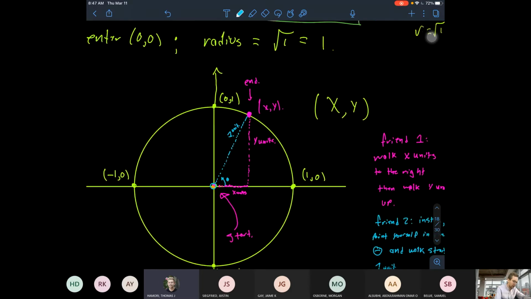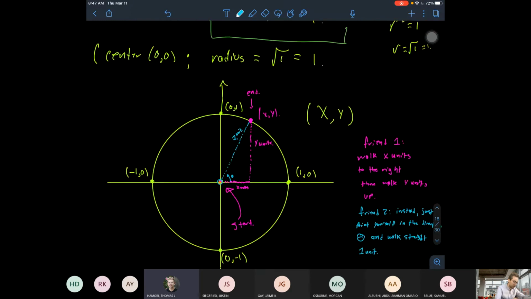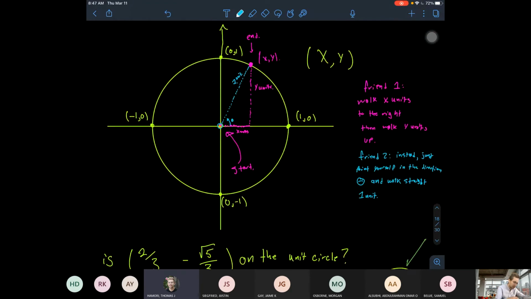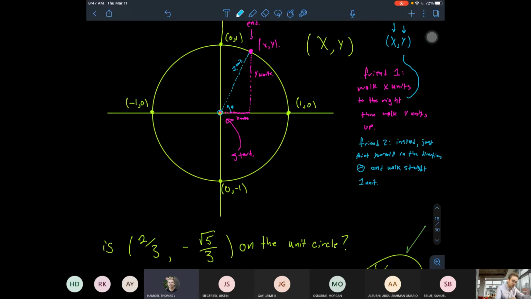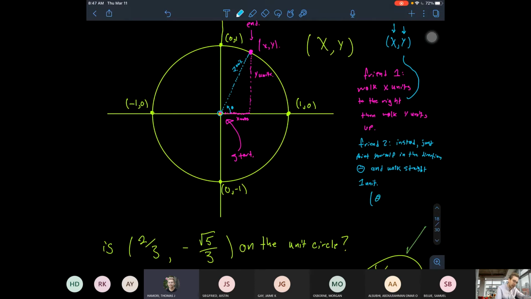So our goal here is to develop a relationship between the directions, which can be nicely packaged as the directions x comma y. And when we see this, it means walk x units to the right or left and then y units up or down. We want to reconcile these directions with the new set of directions, theta comma 1.